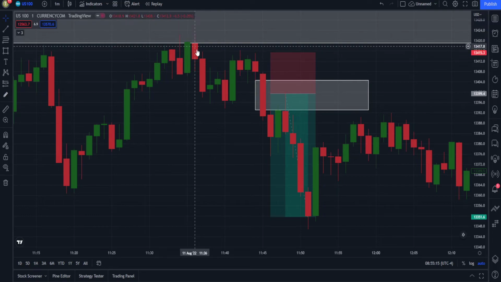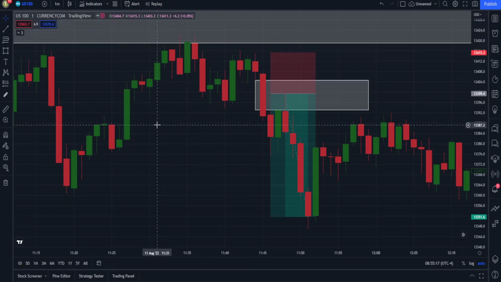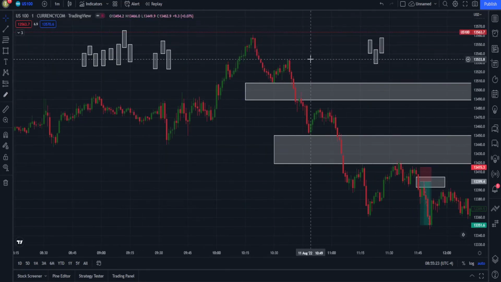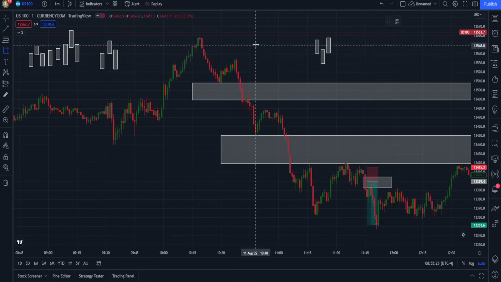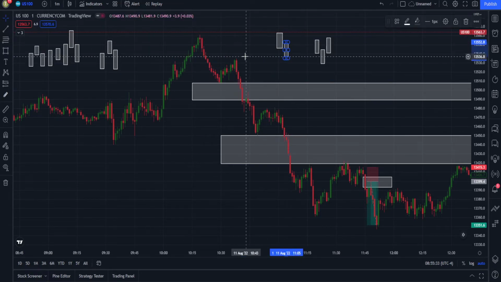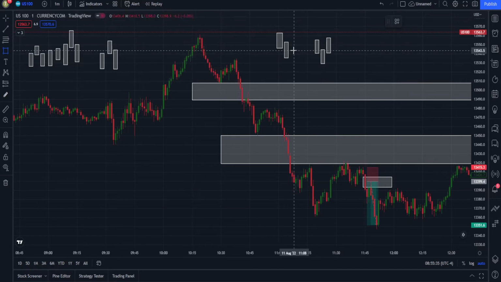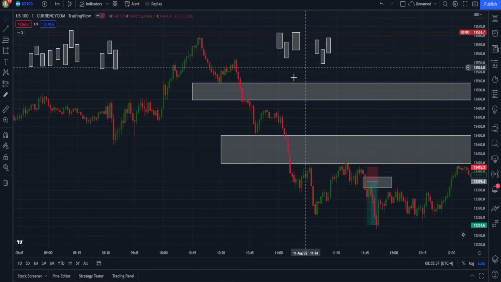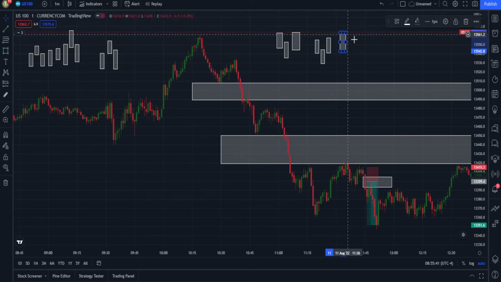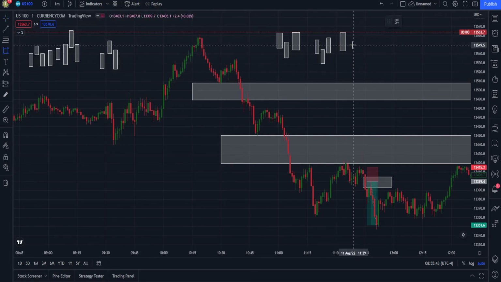Once it did that, what are we looking for? We want a strong low to be broken. What is a strong low? I just explained it a little bit ago. A strong low would be when there is a higher swing low to the left, okay? And a higher swing low to the right.